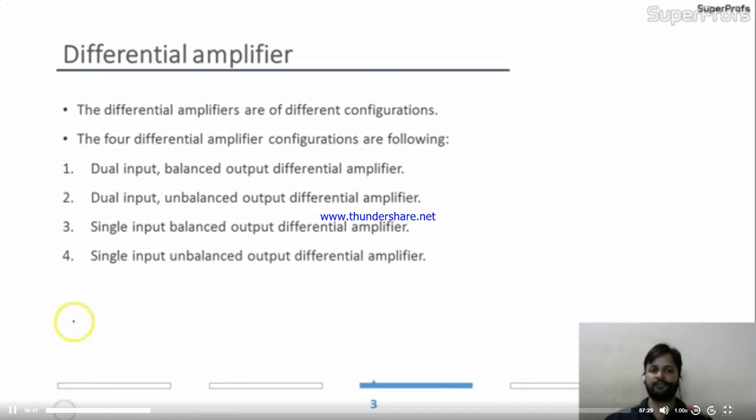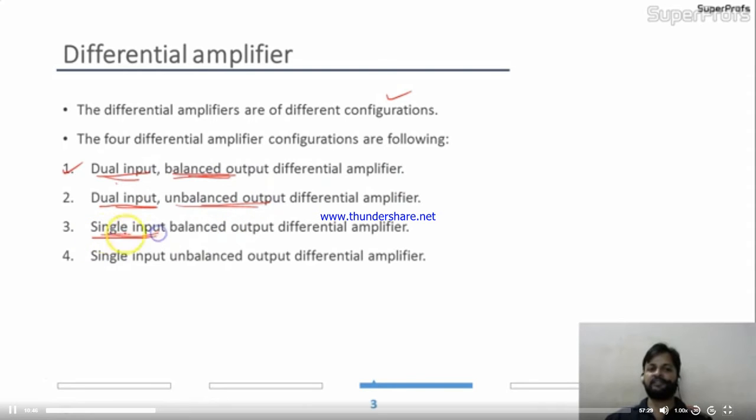Now let's come to the next. So, the differential amplifier of different configurations. We'll see the different configurations of the differential amplifier. Mainly we have 4 differential amplifier configurations. The first one is dual input and balanced output. We'll see what dual input and balanced output mean in the next slide. The second will be dual input and unbalanced output.